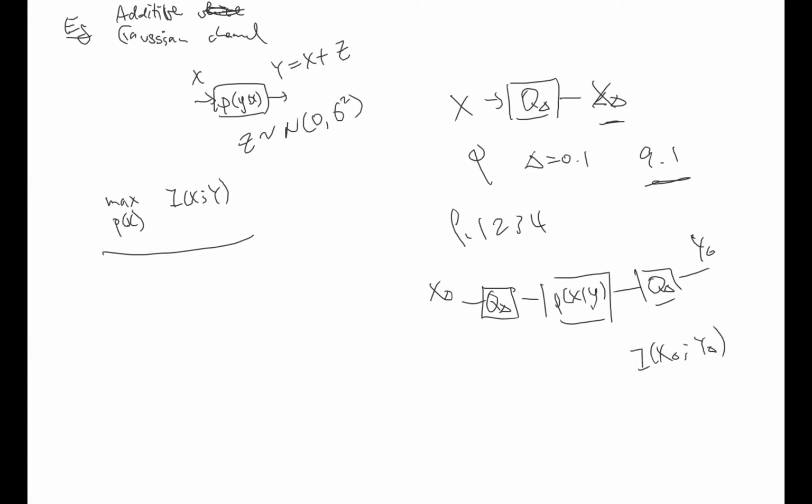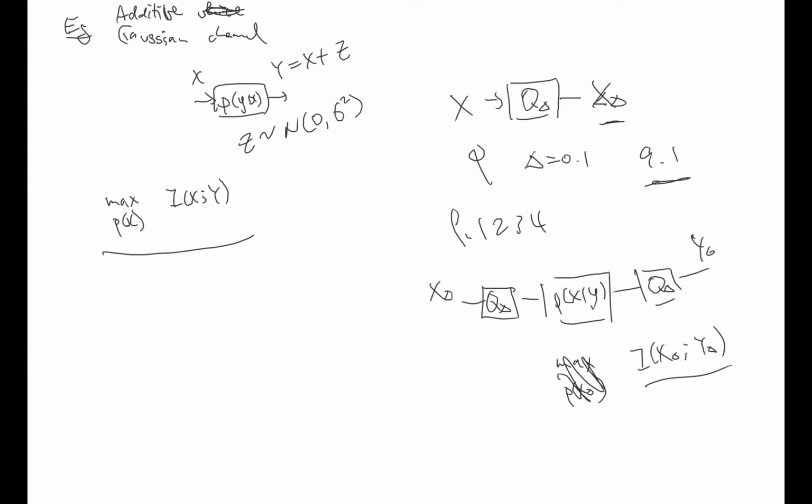But as long as it's discretized, the capacity of this channel will be I of x delta, y delta, right? Because now it's a discrete channel, assuming I gave the proof, I'm sorry, I didn't yet. If I gave the proof, I know the capacity is just this one. How much information I can pass through will be the mutual information between x delta and y delta.